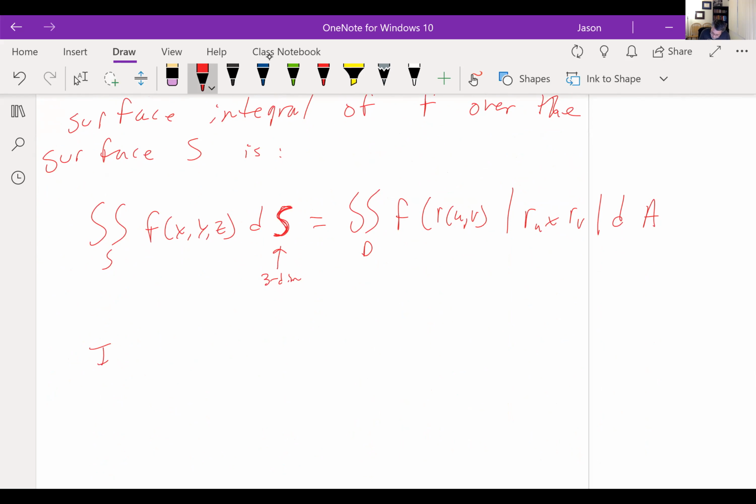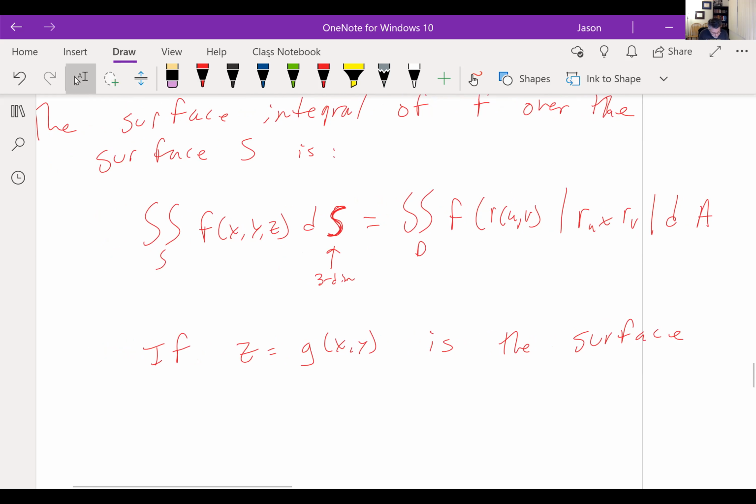Okay, again if z is equal to g of x, y is the surface, this is kind of like the standard case, with parametric equations.